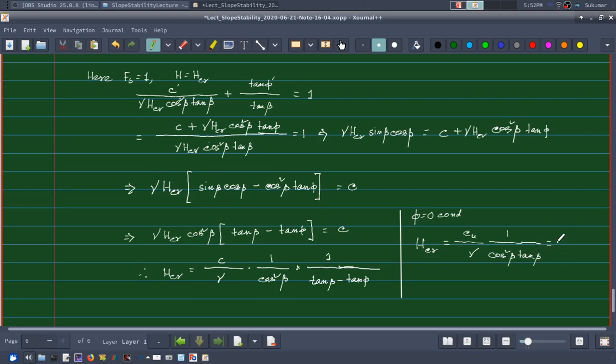So HCR is Cu by gamma into 1 upon sin beta cos beta.